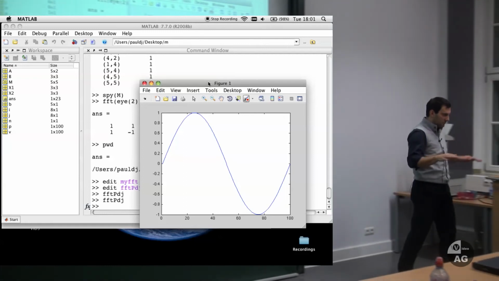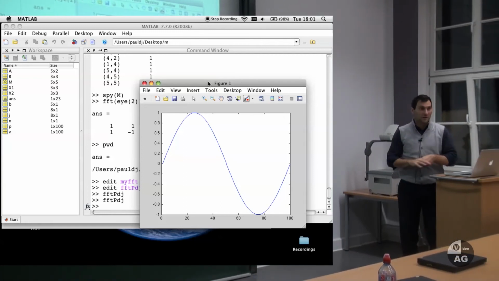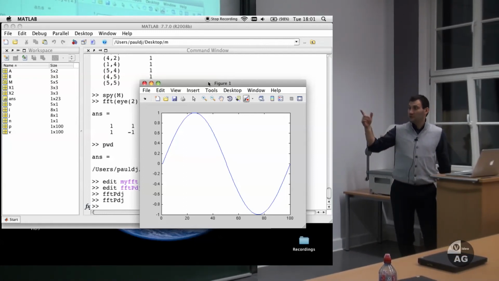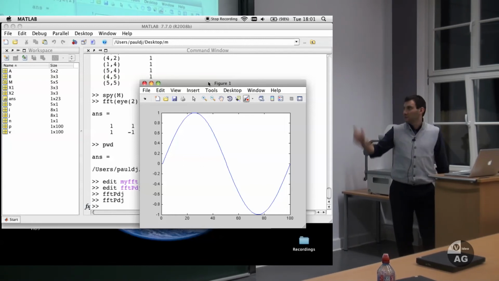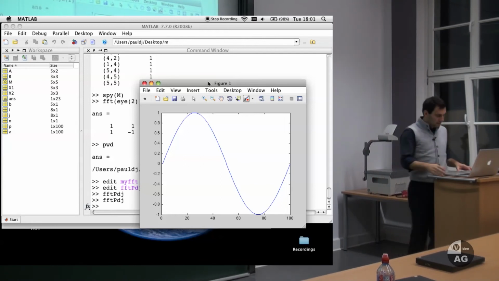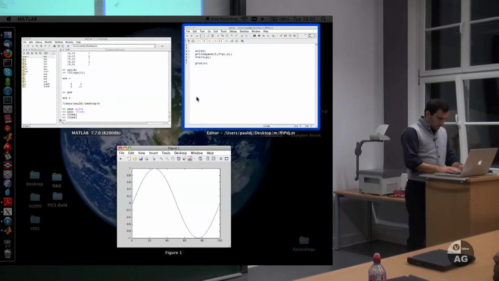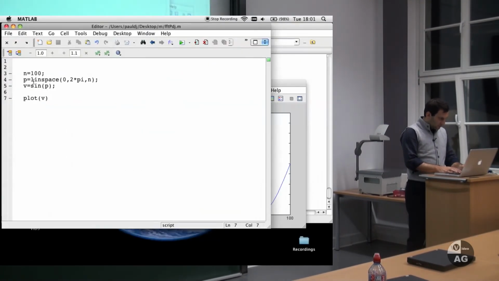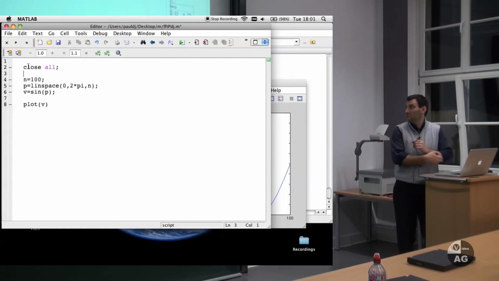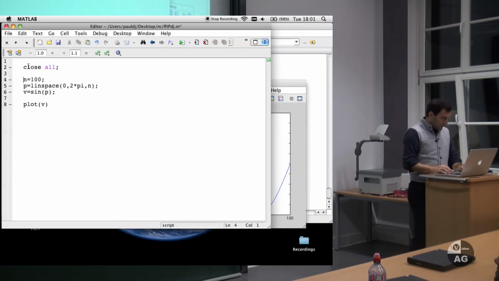By the way, we are done with Matlab. So from now, the rest is going to be just visualizations in Matlab, but I'm not sure when. So you shouldn't be preoccupied if you don't know what I'm doing here. This is to close all the windows so that every time it pops up.